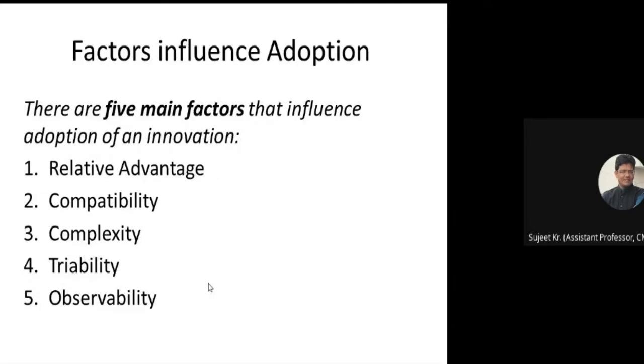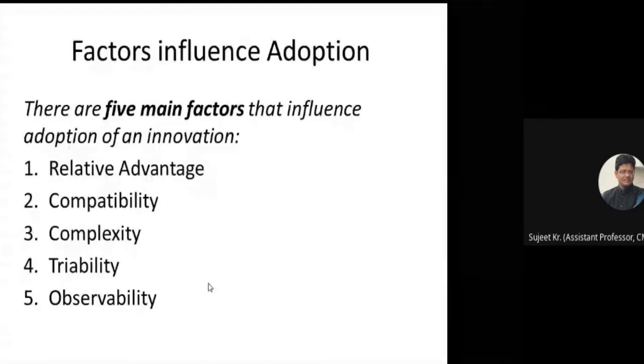And the fifth one is observability. Observability means that the result must be observable. Suppose you are saying that you should start drinking boiled water and it will help keep you healthy, then it must be observable. Suppose they have started drinking boiled water from now, so they must have certain observations.